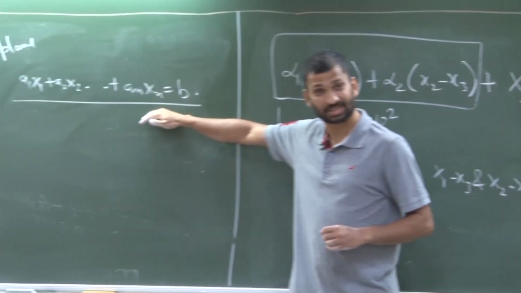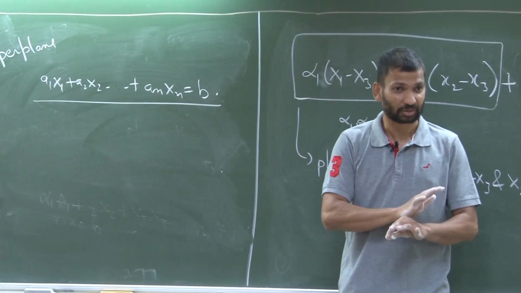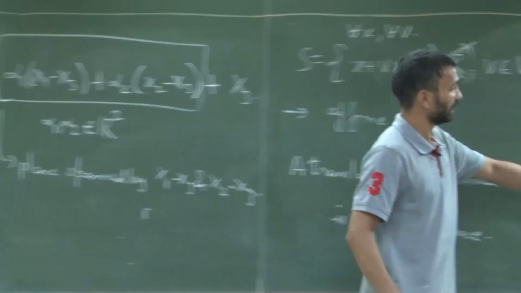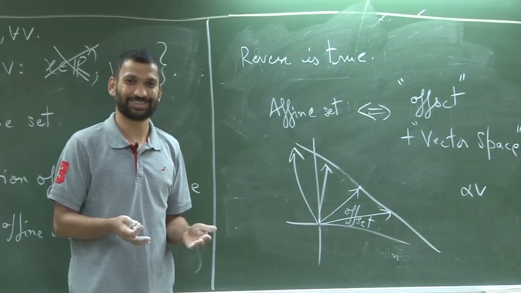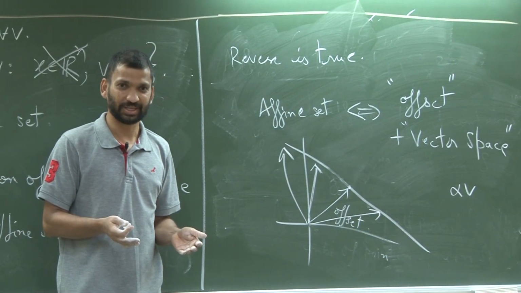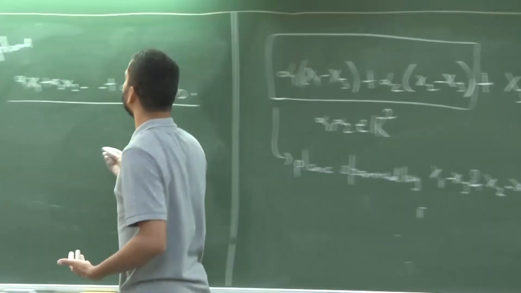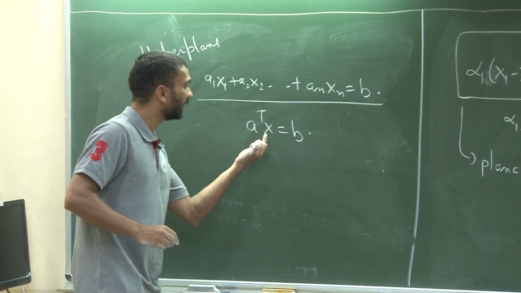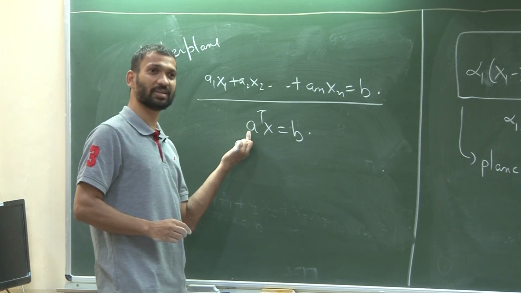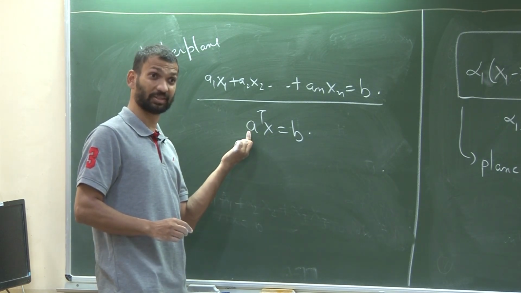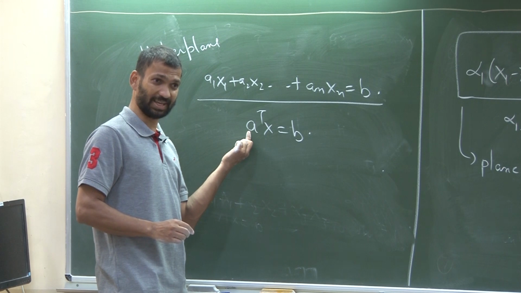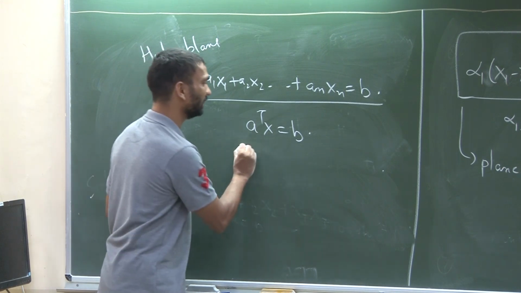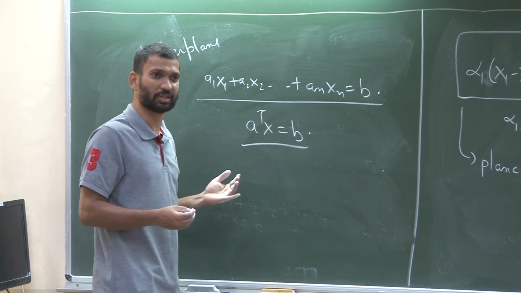Now, that this is an affine set is not hard to prove. The other way is also not hard. What is this saying? This is saying that every x which has a constant inner product with A, my inner product with B is constant.